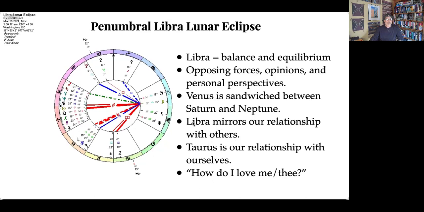Both of these Venusian archetypes are very, very active in this chart because we have Jupiter and Uranus in Taurus, and the moon is in Libra, which is the release point. So it's not just our relationship with others as Libra, but it's also how we view ourselves. How do I love me? How do I love thee? Let me count the ways.